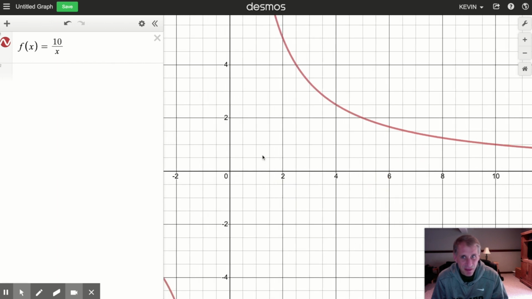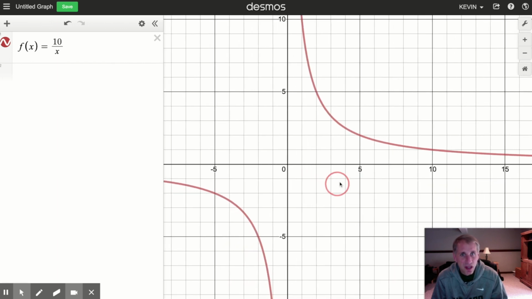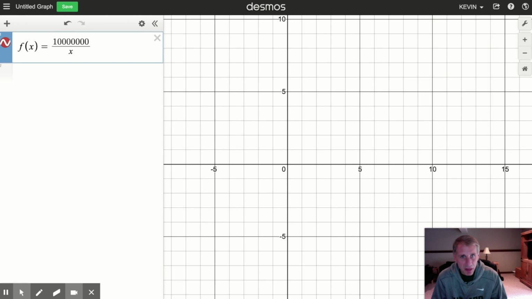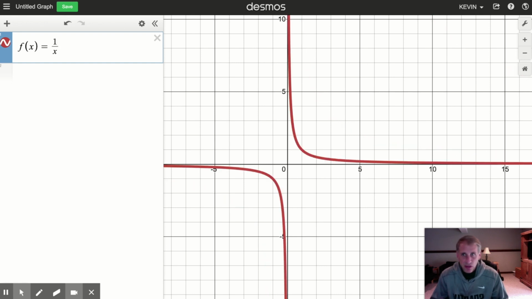Everyone is still getting a very, very small fraction. We're still going off to 0 as x goes to infinity. No matter how big we make that top number, that's always going to happen because x can keep getting larger and the top is finite. It's not getting any larger. And so that's a useful piece of information to keep in mind.